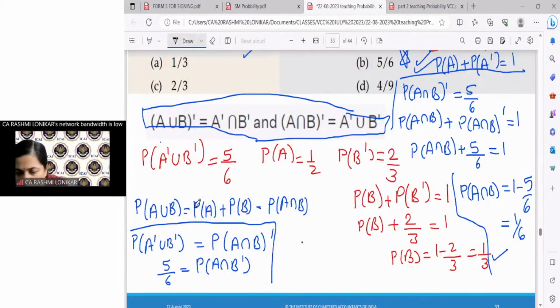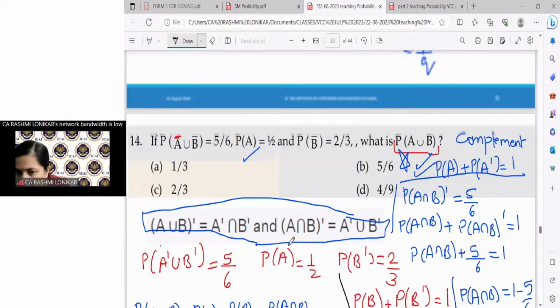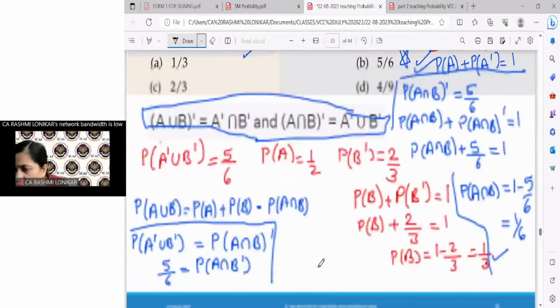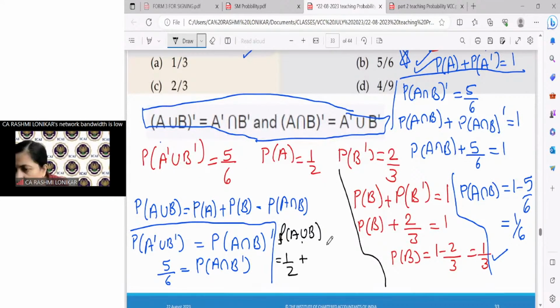P of A union B will be equal to P of A, that is 1 by 2, plus P of B, 1 by 3, minus P of A intersection B, which is not 5 by 6, 1 by 6, sorry.